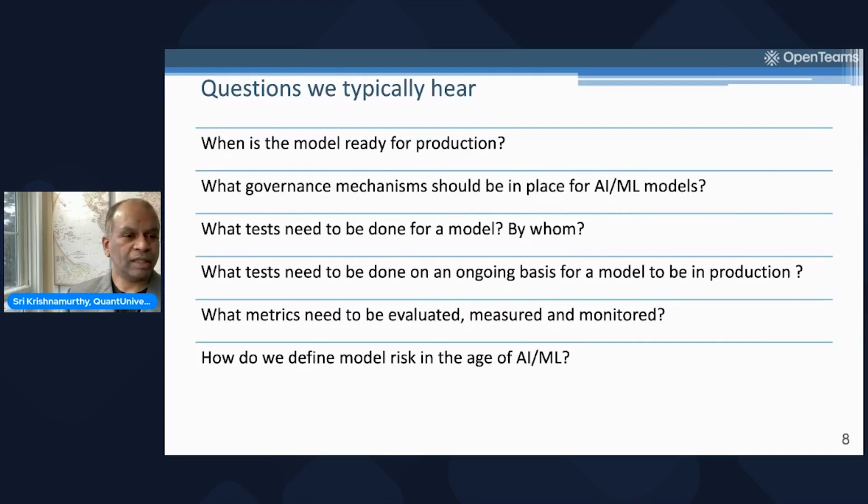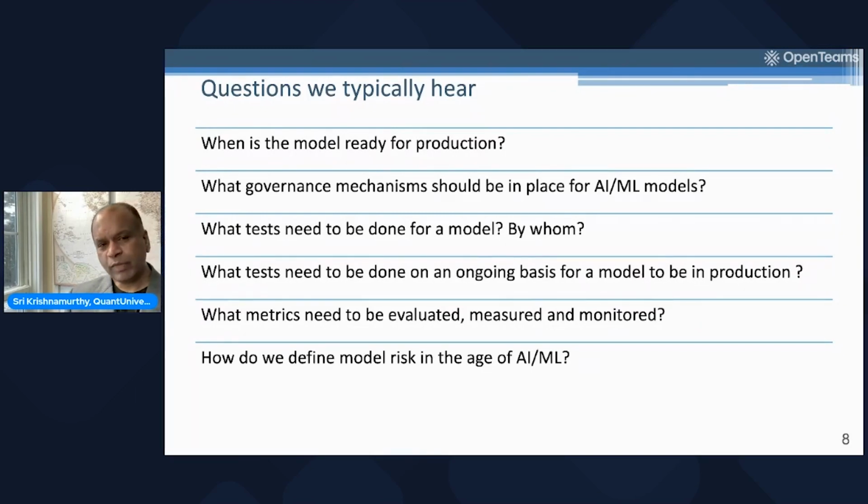And in addition to that, what tests are needed on an ongoing basis once the model is in production? Agus was mentioning potentially checking for drifts, potentially looking at robustness and resilience in various aspects. Those are concepts which many people did not think about till machine learning came into play, because that was not something which was a part of the workflow, if you will.